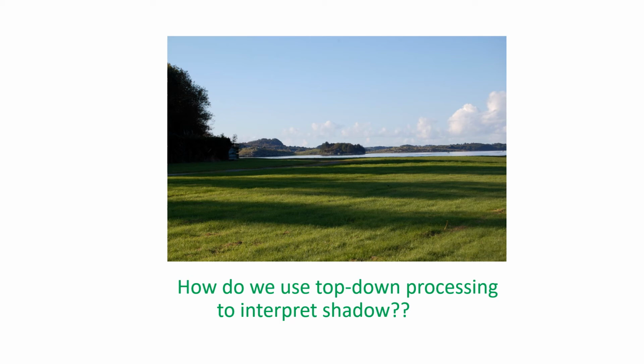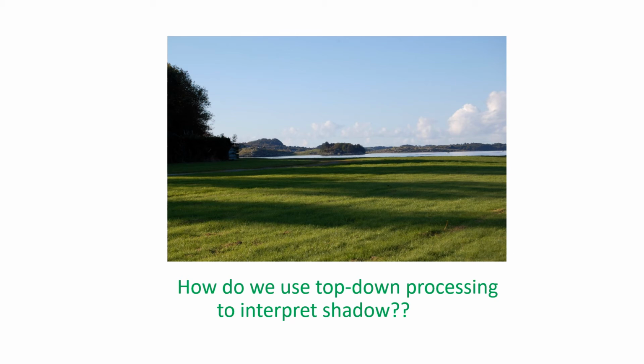We can also see that the grass is a particular color, and that's probably not changing in those lines, and we have a lot of assumptions about, based on experience, that grass is staying the same. So all of that's top down.